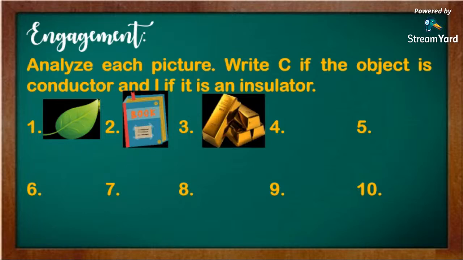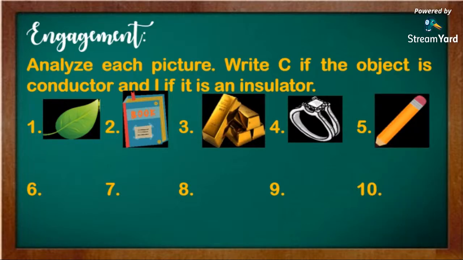Okay, letter C because it is a conductor and it allows electricity to pass through. How about this one? A ring. Is it letter C or letter I? Alright, it's letter C because it allows electricity to pass through.